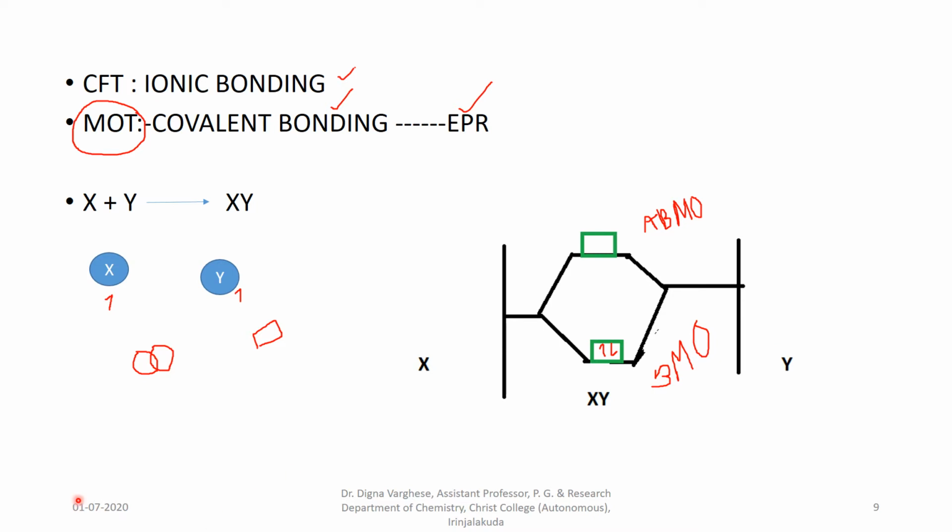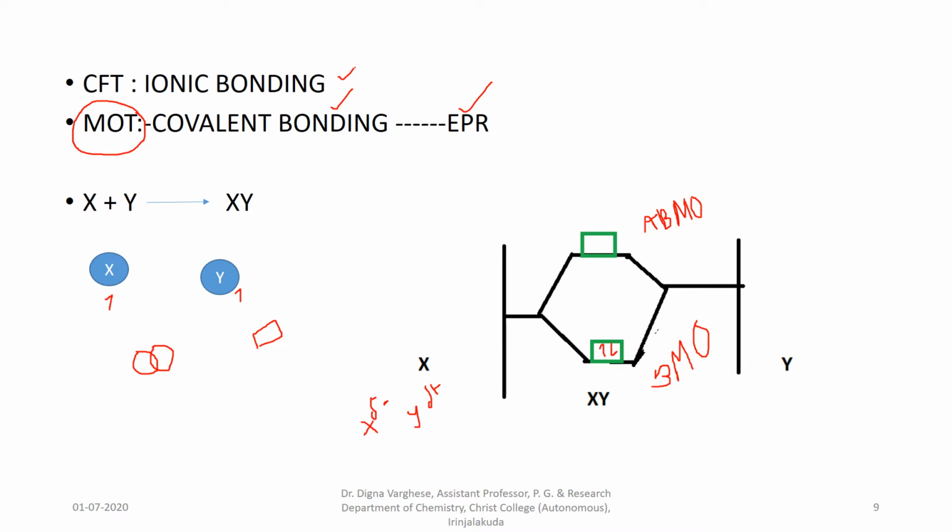That's why in a covalent bond, X acquires a partial negative charge and Y acquires a partial positive charge. If the electrons are closer to the Y atom, then Y gets the negative charge and X gets the positive charge. So that explains the polarity between the atoms.